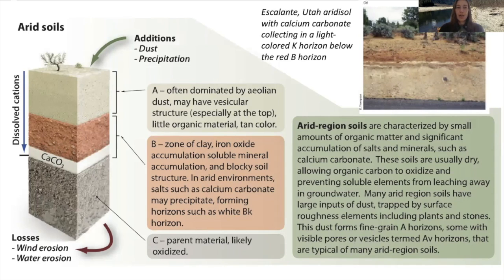So we can see that in the cartoon, this clearly labeled CaCO3 horizon. These can be quite solid, almost like a ceramic plate in the horizon of the soils. They can require shovels and picks to actually break through if you're trying to dig a soil pit with such a thick calcium carbonate accumulation below.